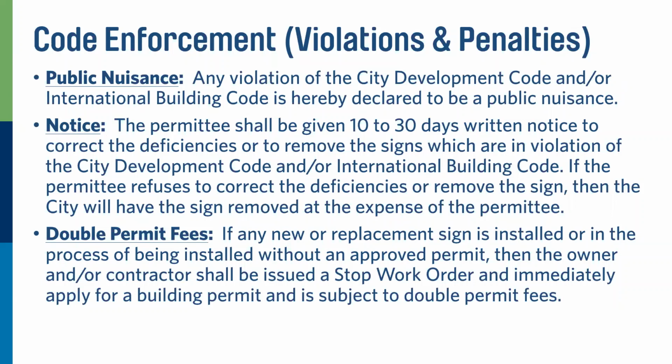A notice. So if we find something, you're going to have 10 to 30 days written notice to correct it. If you refuse to correct it, the city can remove it for you and you'll pay for it. We'll send you the bill for it. Or you might get a ticket, which we'll get to in a minute.